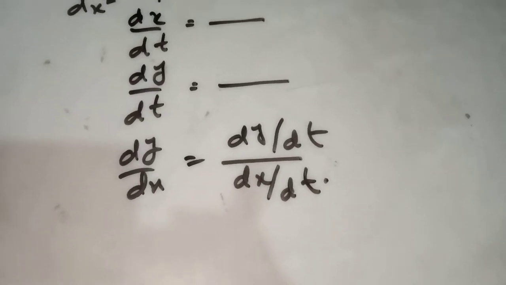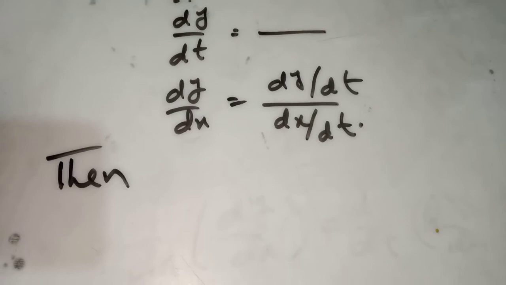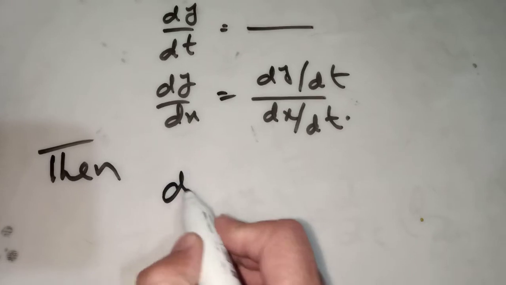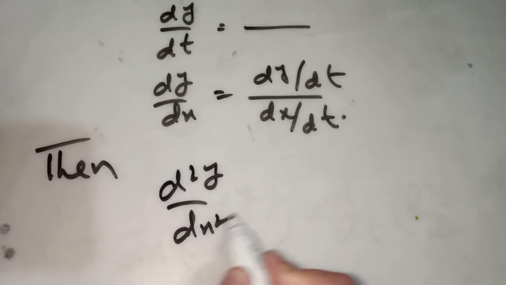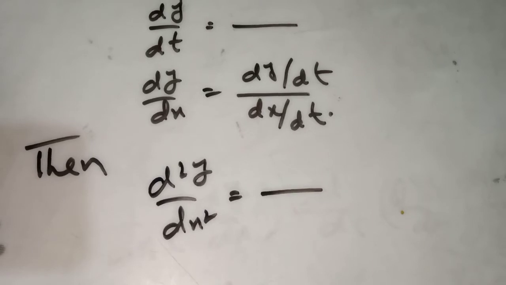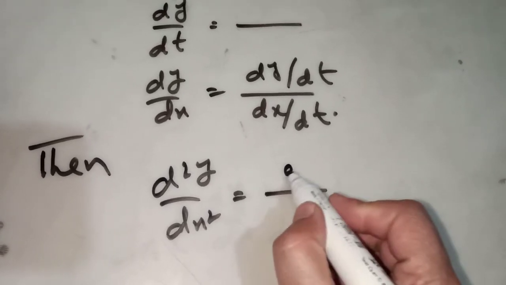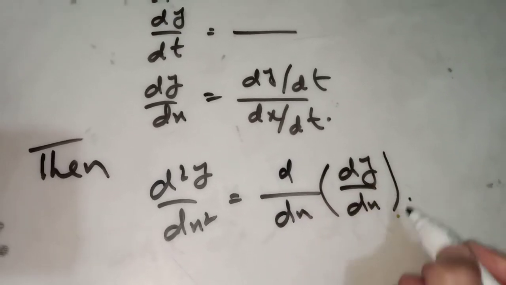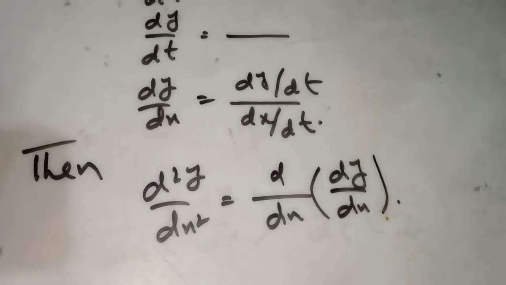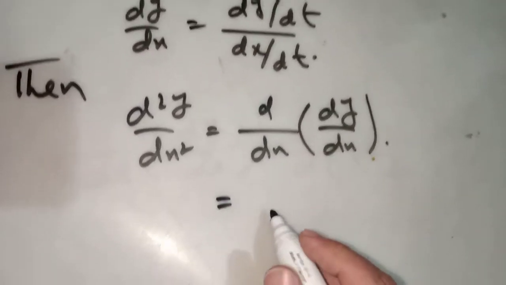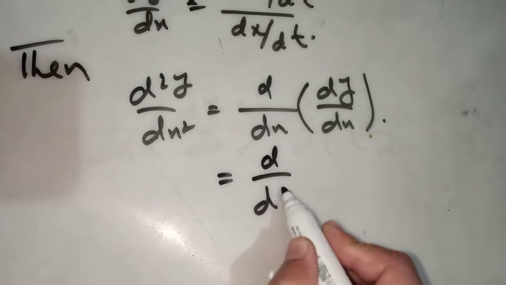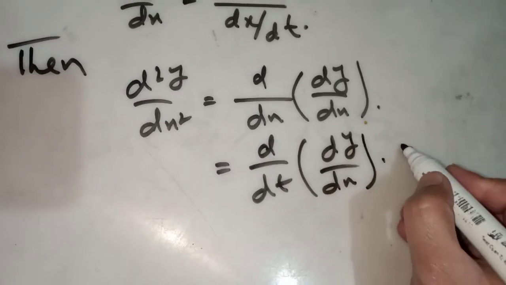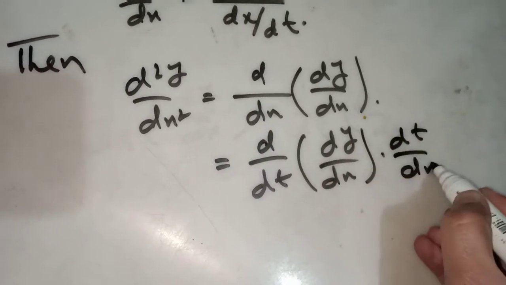After finding the first derivative, people find the second derivative, d2y by dx square, using the same procedure. Well, d by dx of dy by dx. And it can be changed using the chain rule: d by dt of dy by dx, into dt over dx.